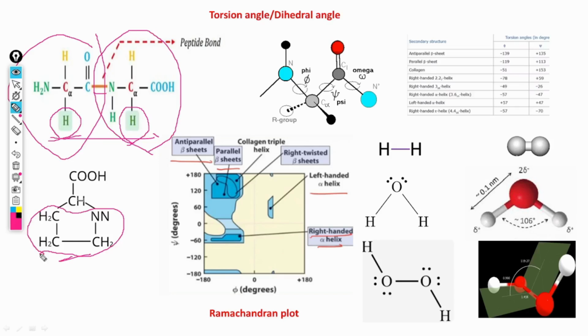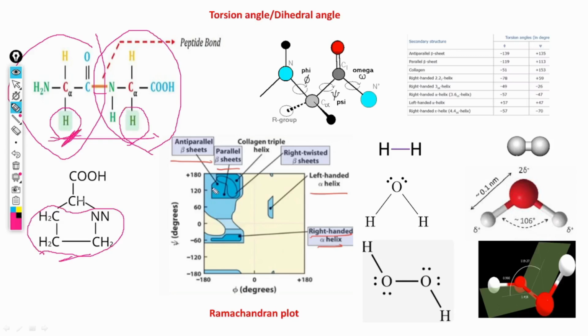So it will hinder the rotation and form steric hindrance. That's why in proline-rich protein, the degree of rotation will be less. But if glycine is present in the protein, then the freedom of rotation is very high.